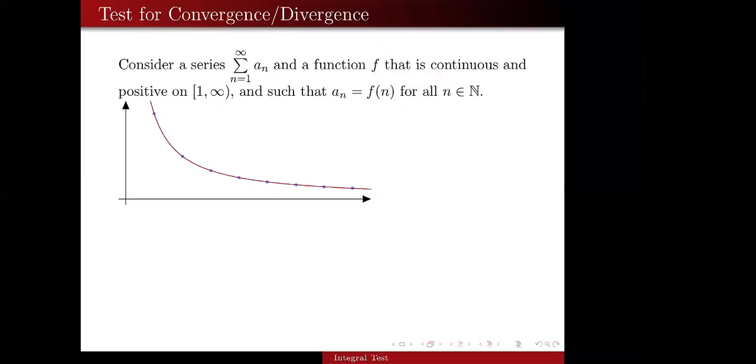If you look at this, the dots that we see here are the terms a_n, and the red curve here is the function f. As you can see, the dots lie on the graph of your function y equals f of x. So that's what we want.